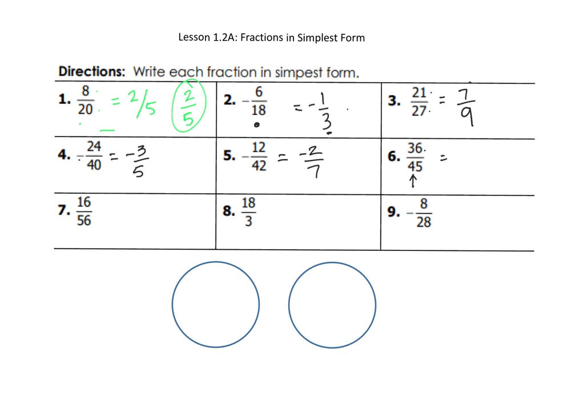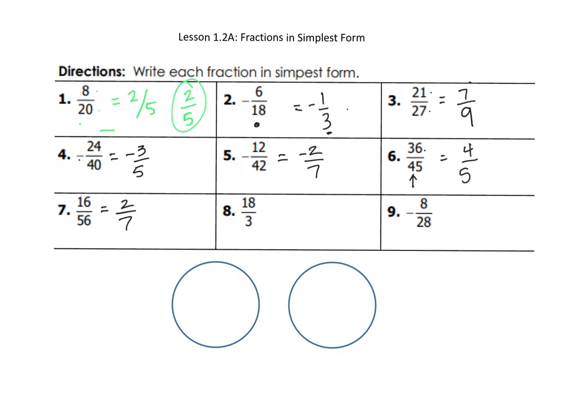It would also be the same as if there was 4 out of 5 total pieces of the same size object, and you got 4 pieces. Number 7, 16 over 56. I don't know why I'd want to cut something into 56 pieces, but if I did, it'd be the same as 2/7.